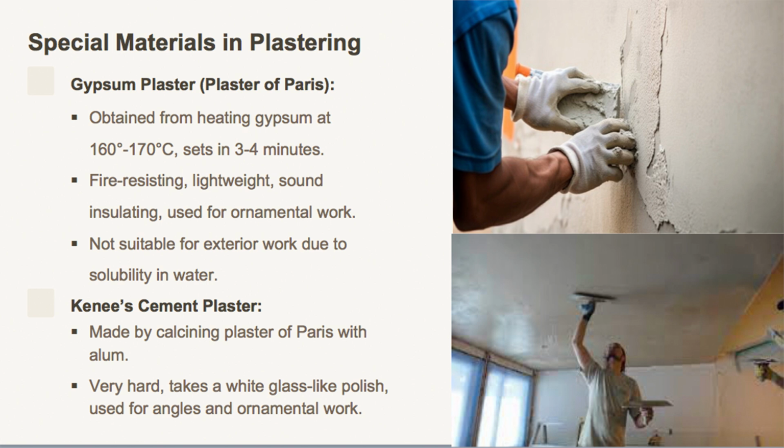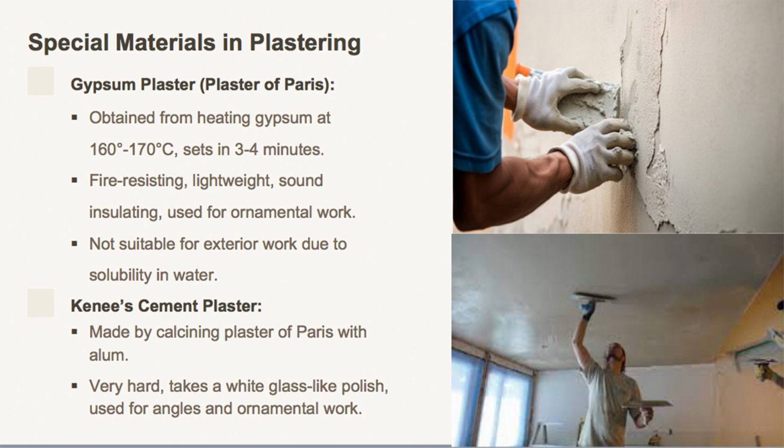Gypsum plaster is valued for its fire resistant, lightweight nature, sound insulation capabilities and its ability to adhere well to fibrous materials. However, it is soluble in water, limiting its use in interior application.